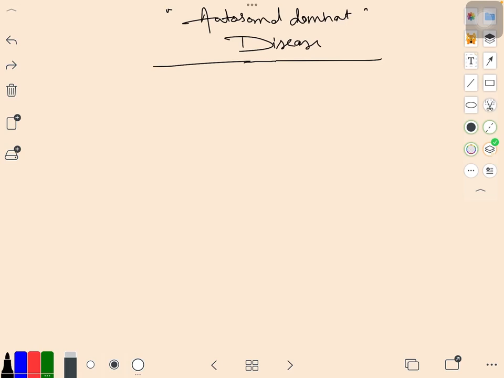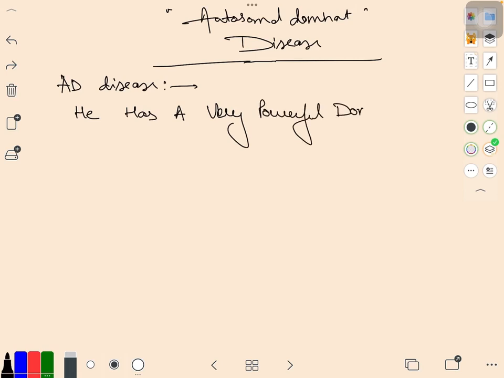When I was in med school, my teachers explained the different types to me, and I got a mnemonic for it. For autosomal dominant disease, it's very easy to remember: He has a very powerful dominant father.